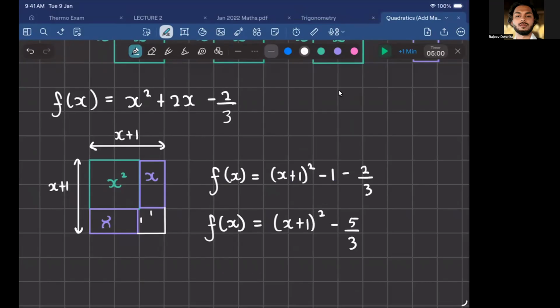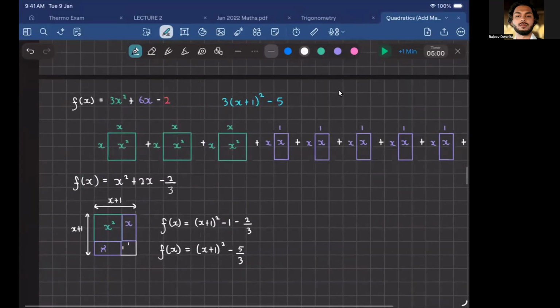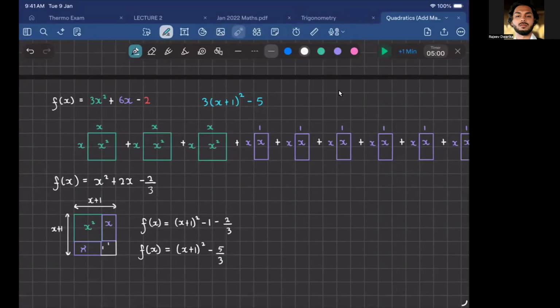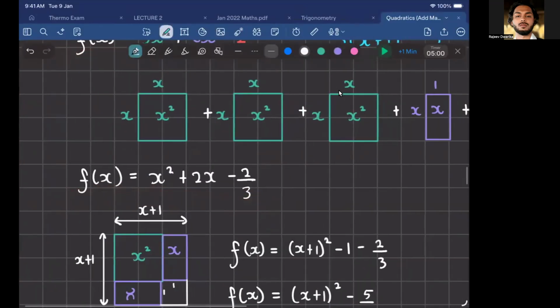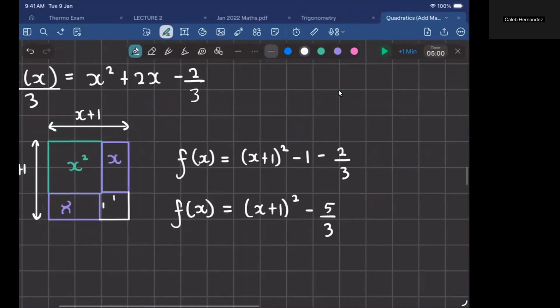And I just want to preface this by saying something. Guys, if this was the original area, to get this, didn't we divide the original area by 3? Yes, sir. So this expression we actually have here is actually f of x divided by 3.